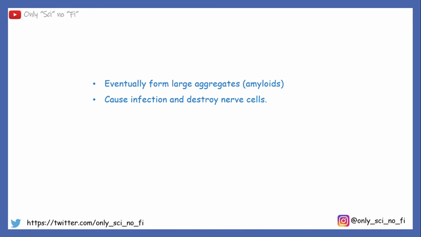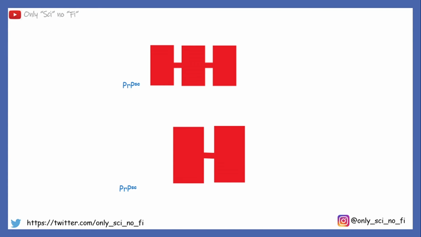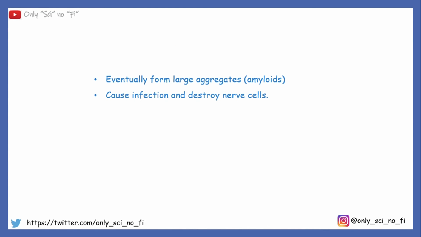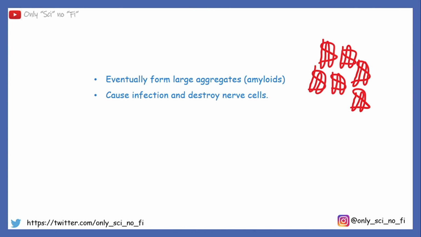Eventually, after these PrPSc proteins are formed, they even form larger aggregates, that is, amyloids, which are insoluble in nature. Since they are present in the brain cells, that is, neurons, they cause infection and destroy the nerve cells.